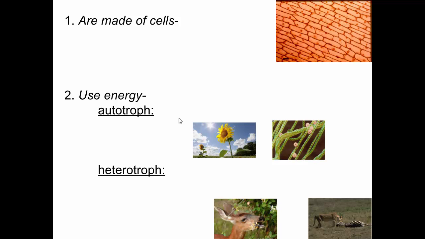In fact, you will be looking at your own cells eventually. Here are some cells. These are cells from an onion, and each of these little boxes is a single cell from that onion plant. Cells are the basic unit of life. Anything that is alive is made of these small units called cells.